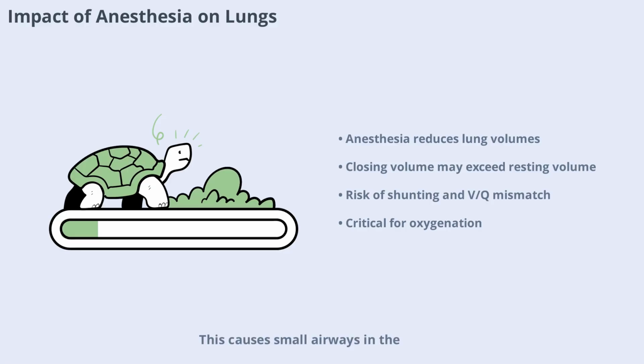This causes small airways in the dependent zones to close during normal breathing, resulting in shunting where blood passes through the lungs without being oxygenated. The result is a severe mismatch between ventilation and perfusion, which can compromise oxygen delivery to the body. Recognizing and addressing these changes is vital for safe and effective patient care.